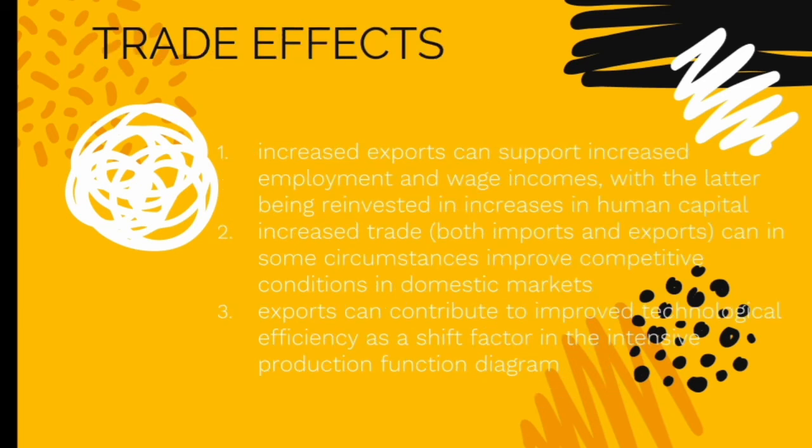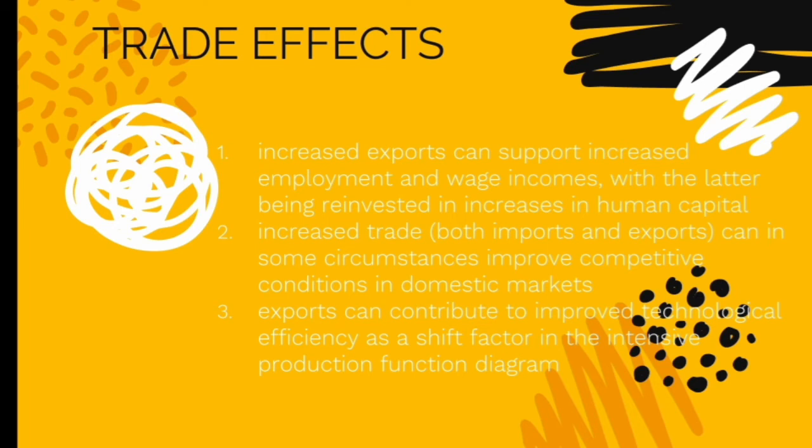Moving on to the next slide, there are trade effects. The first one, increased exports can support increased employment and wage incomes, with the latter being invested in increases in human capital. The second one, increased trade can in some circumstances improve competitive conditions in domestic markets.